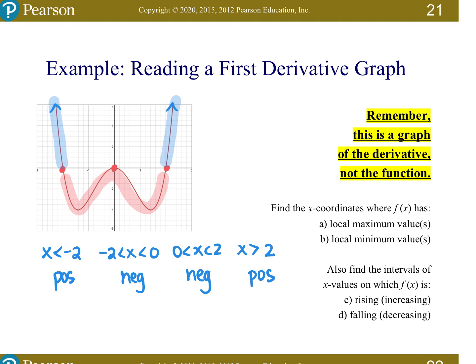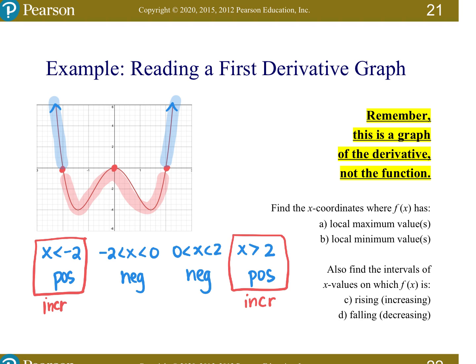The positive ones mean that the function is rising, going up, increasing. So this section right here is increasing. So is the section at the end, increasing.